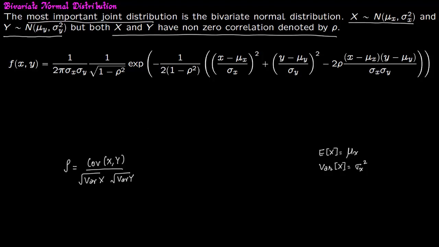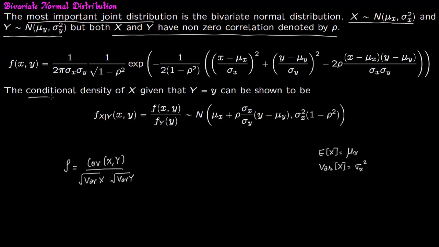Now we want to find the conditional density of x given y. So you're given this function and you want to find this. That is, you want to condition random variable x on random variable y. So you use the formula, and then after some calculations you will get a normal distribution.